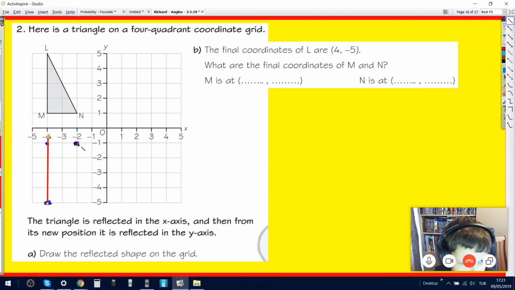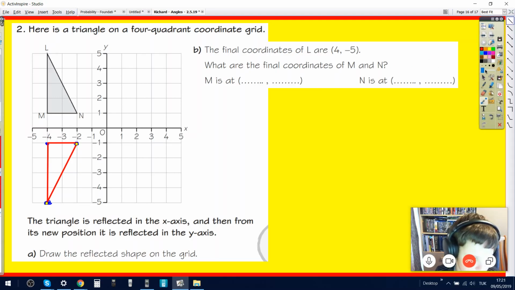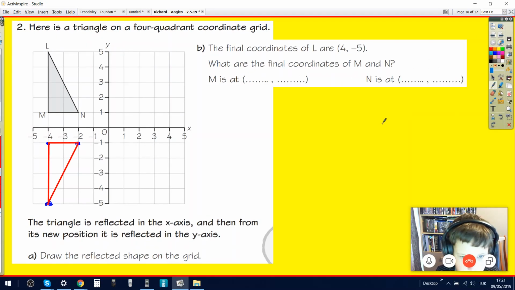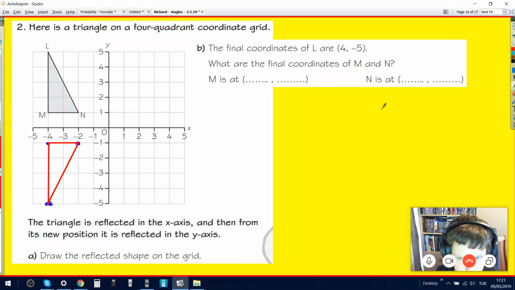This one is actually a double reflection, because it's then reflected in the y-axis. What do you think the coordinates of M will be after the reflection in the y-axis?